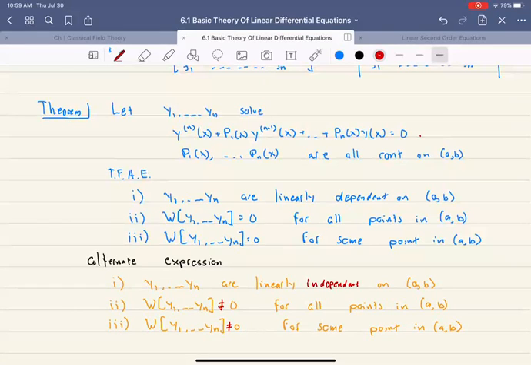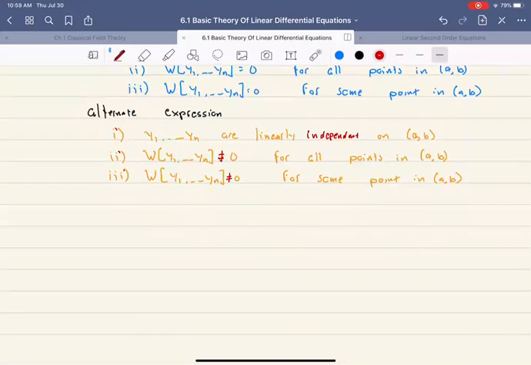Let me put primes on here. That's another way to express the same idea. If the set is linearly independent, then the Wronskian is non-zero everywhere, and it's also non-zero just somewhere. You just need it to be non-zero somewhere, and that's all you have to check. Okay, so let's do an example.